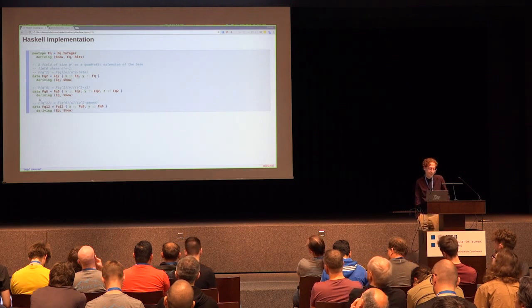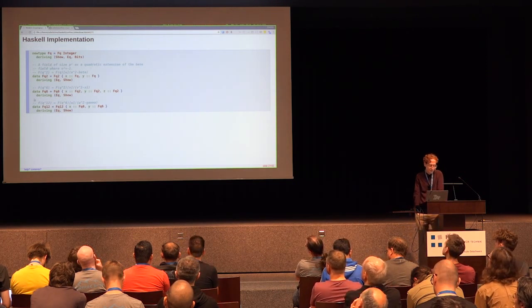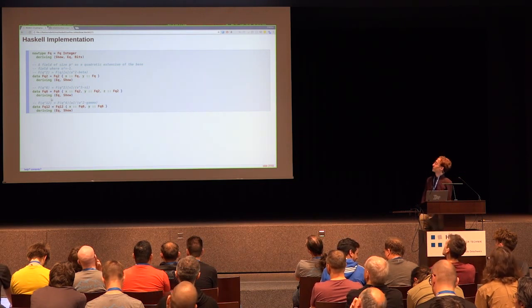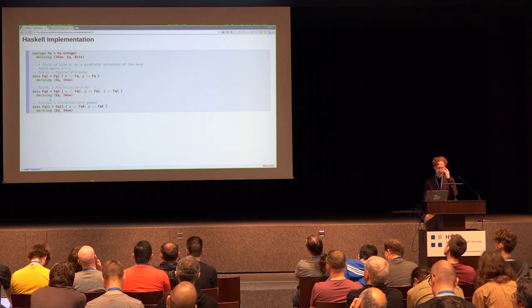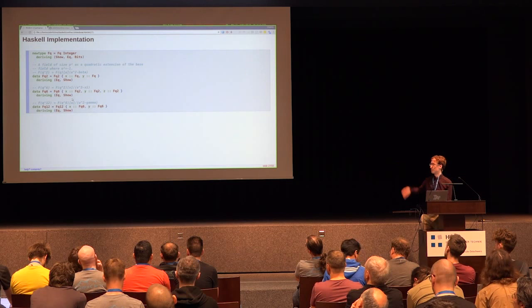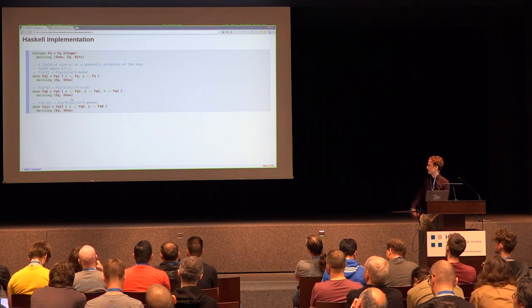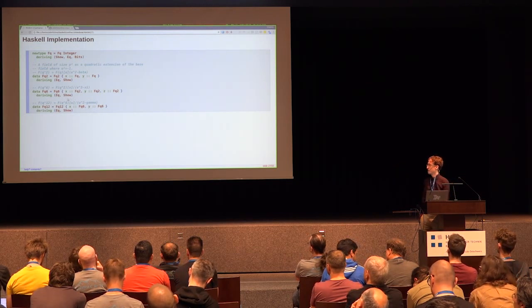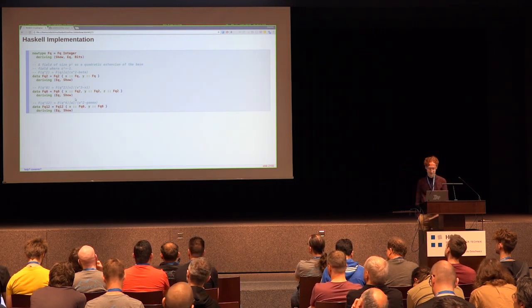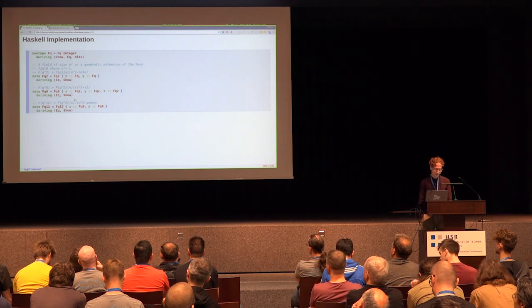So what does this actually look like in Haskell? It's actually quite simple. We define a new type, which is basically the ring structure that we had before, and then we define the quadratic extension field to be the two coefficients multiplied by the scalar and then the plus u constant in the quadratic extension field.